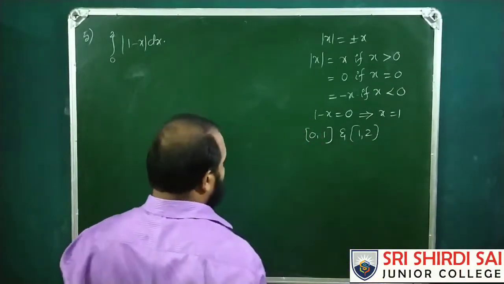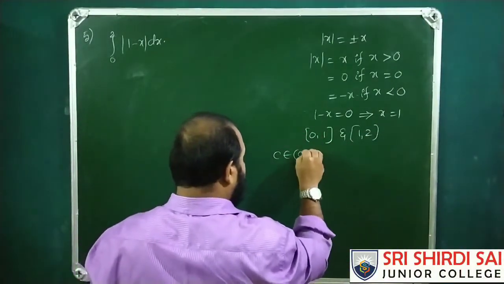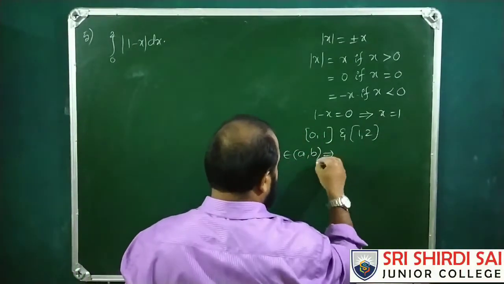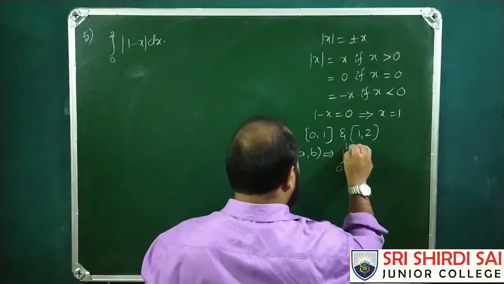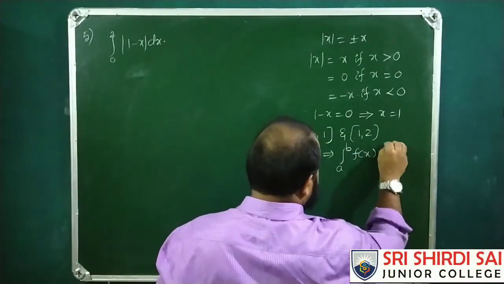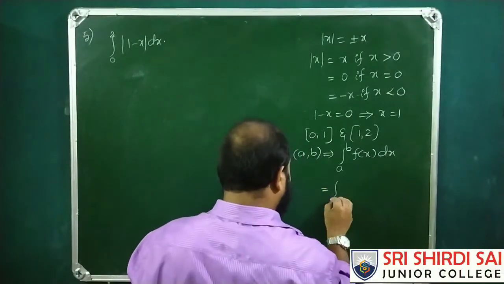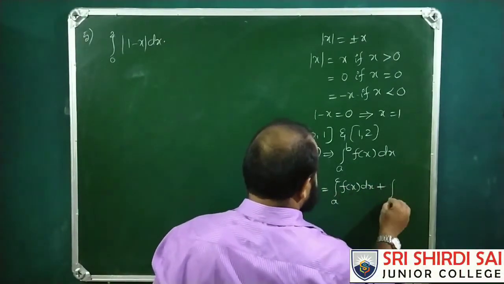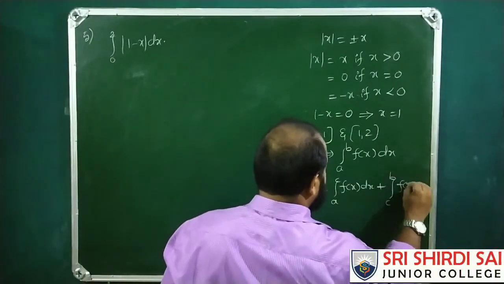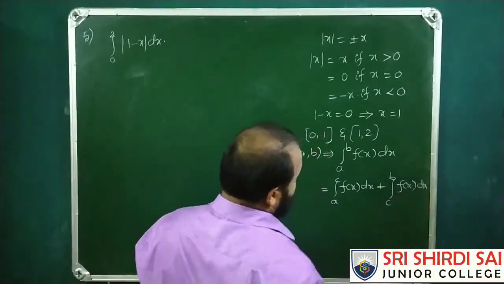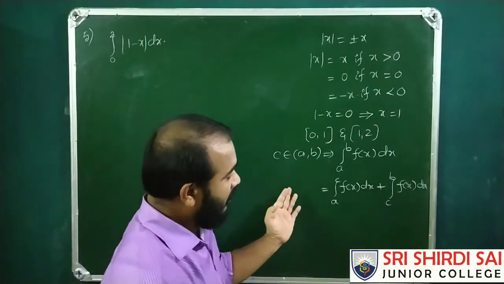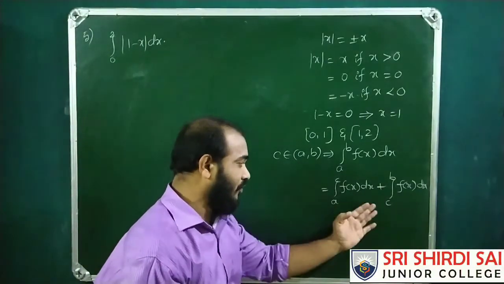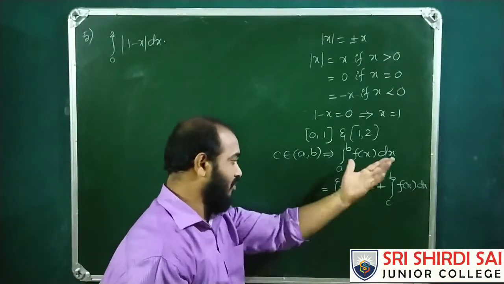We have the property that if c is lying in between a and b, then the integral from a to b of f of x dx is equal to the integral from a to c of f of x dx plus the integral from c to b of f of x dx. We have discussed this in the fourth or fifth property that we discussed before.